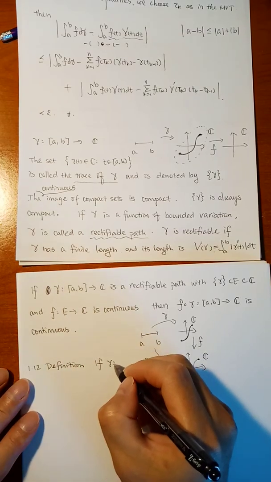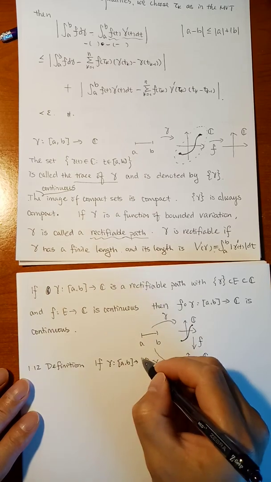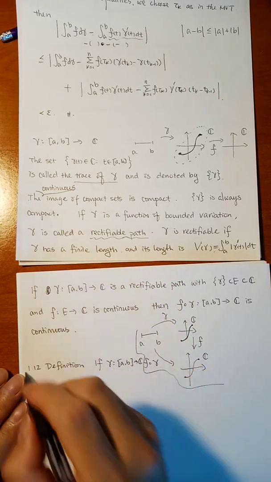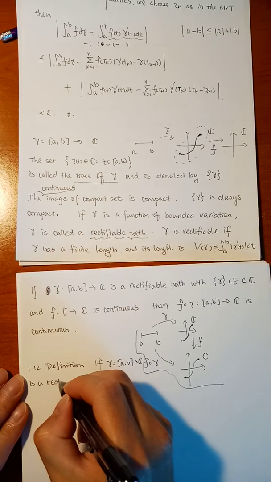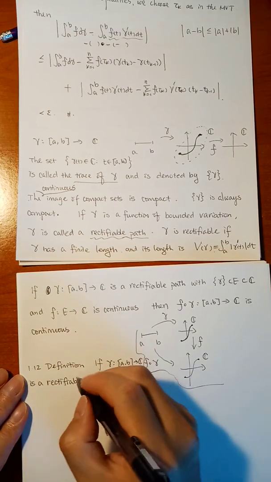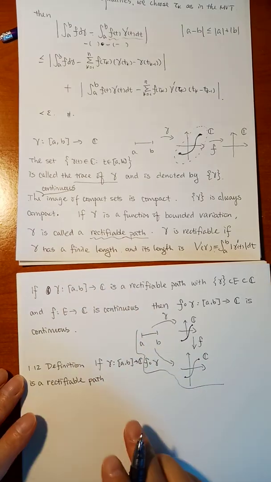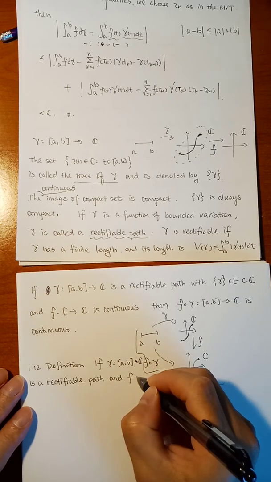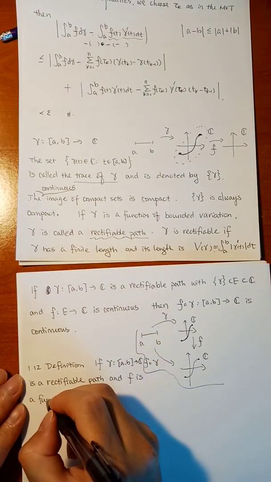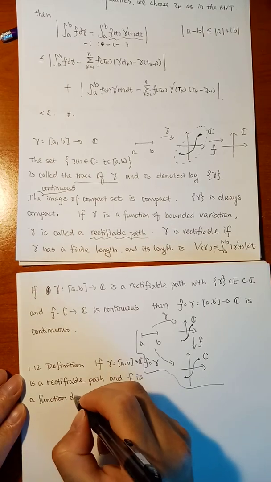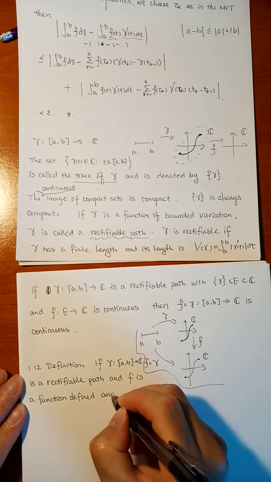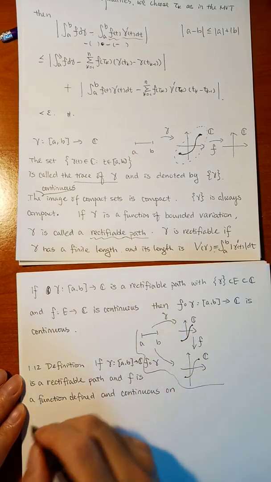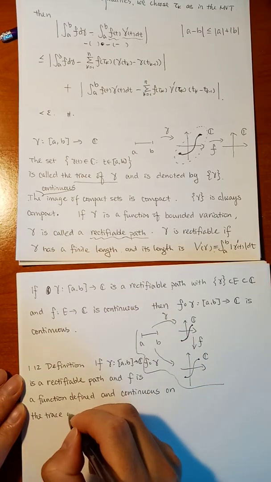So if gamma from [a,b] to C is a rectifiable path, and rectifiable path just means it's continuous with bounded variation, and f is a function defined and continuous on the trace of gamma.